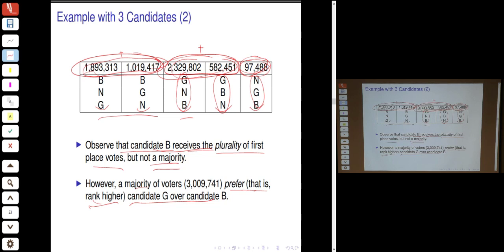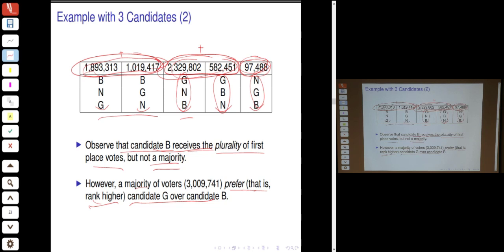And in all these last three columns, G is placed higher than B, and therefore in the preference lists of all these voters, candidate G has been preferred to or ranked higher than candidate B, okay?